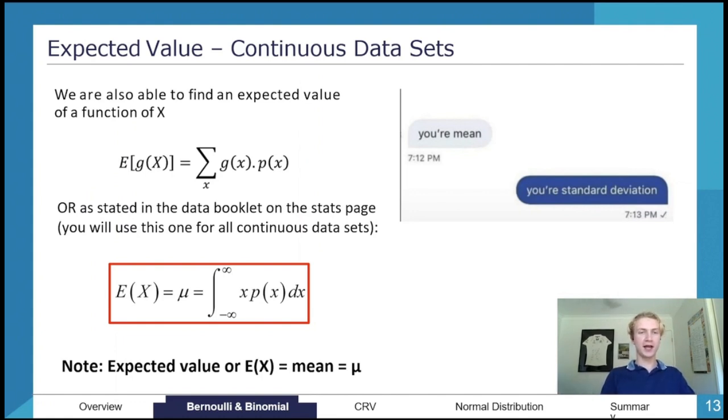So let's say we have heights of males or females, and we were trying to find the probability that the height of a random student selected, random variable, what are we thinking? X, will be between 1.6 and 1.8 meters.